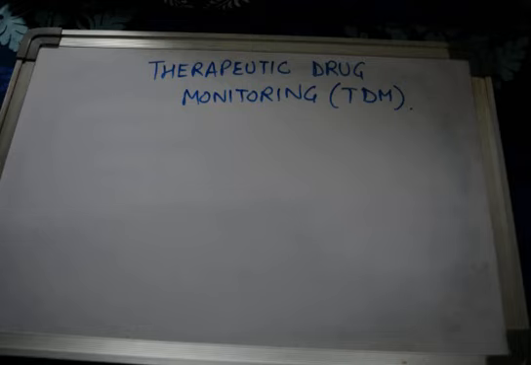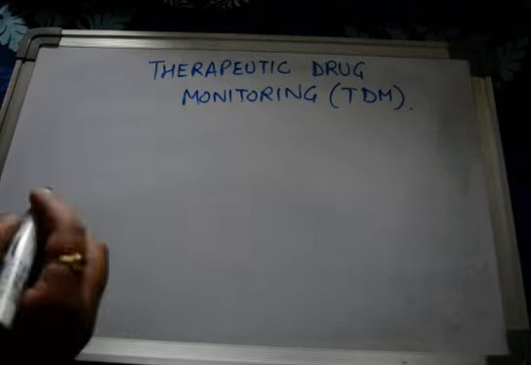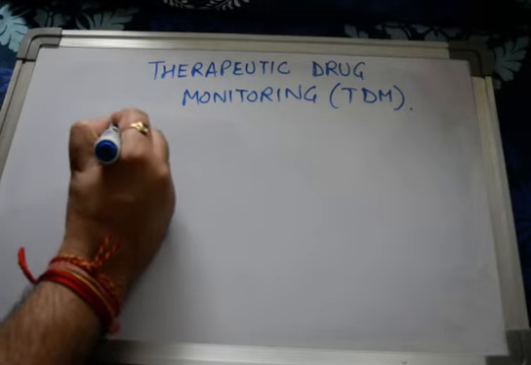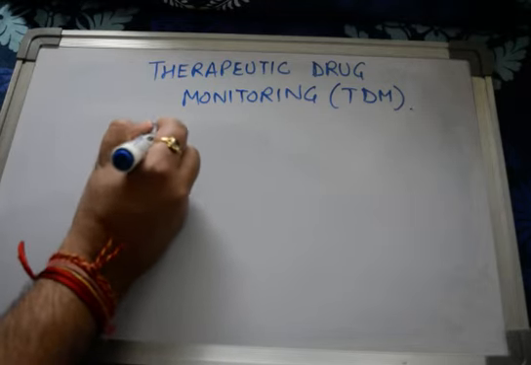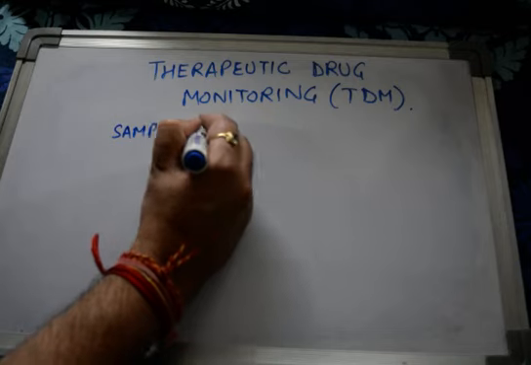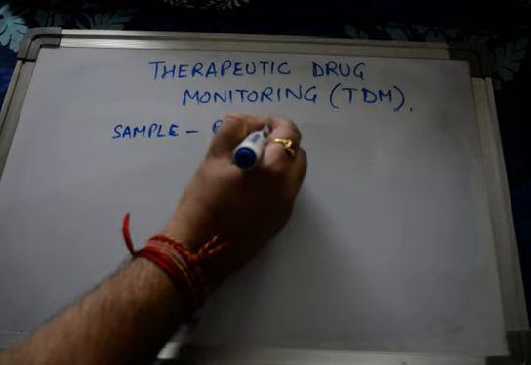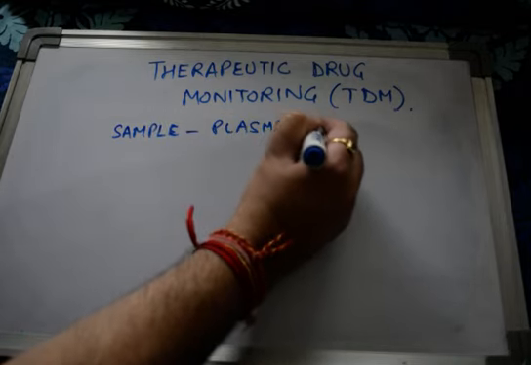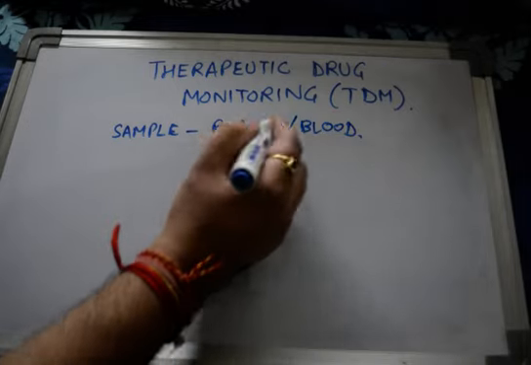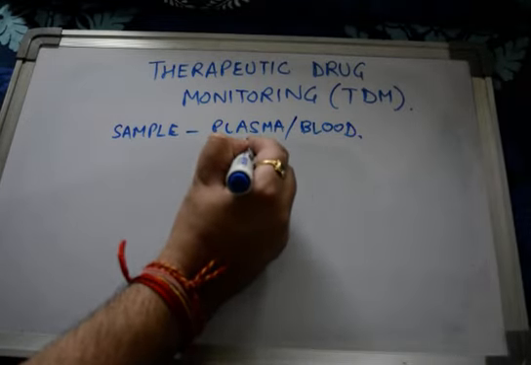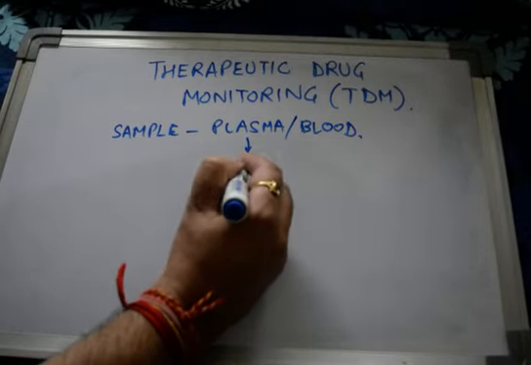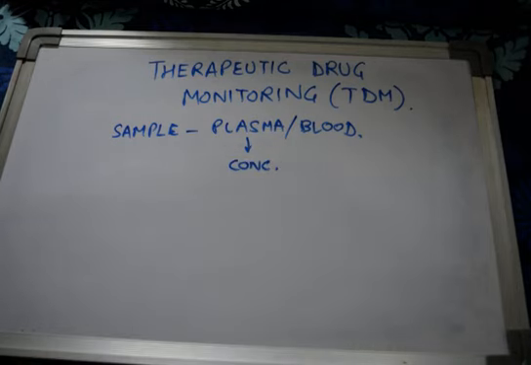The thing we do here is we take a sample, we can take plasma or we can take blood. And from here, we calculate the concentration of the drug.